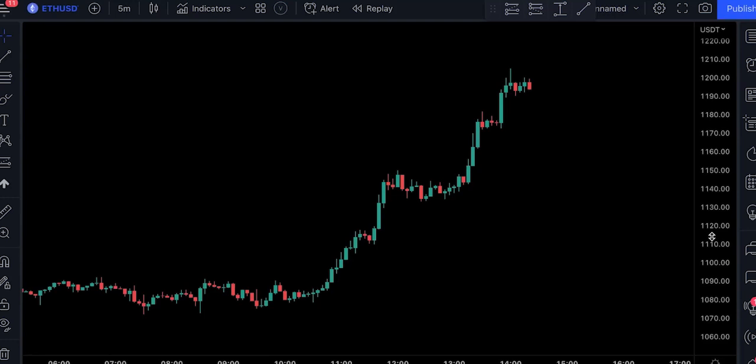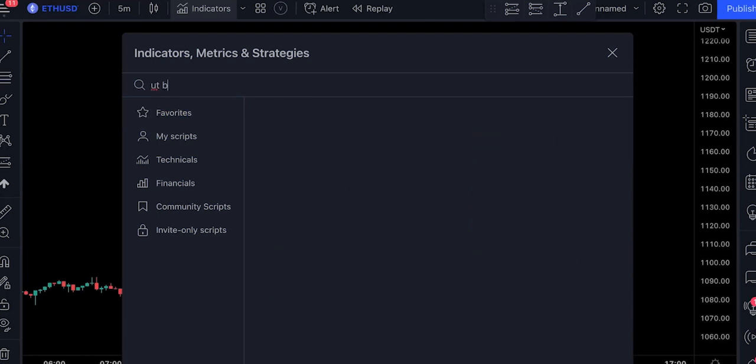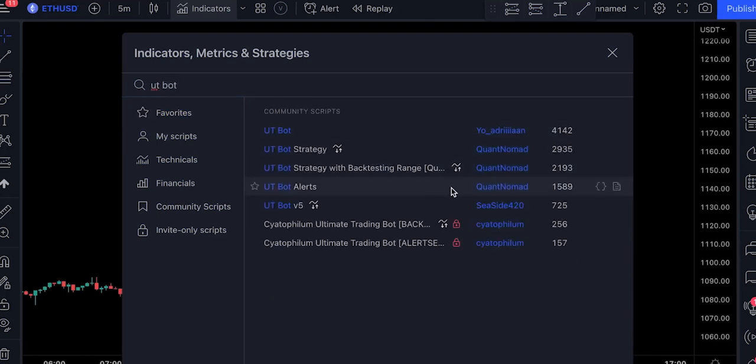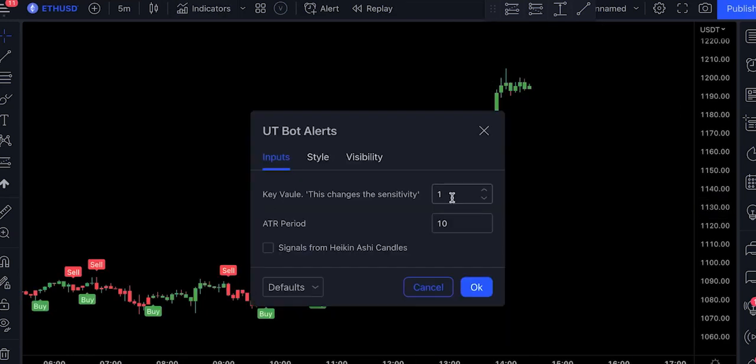Okay, this strategy consists of 2 indicators, and now let's go and add them to our chart. For the first indicator, let's add the UT bot alerts. This indicator right here. Obviously, we need to change its settings. So let's set the key value at 2 and the ATR period at 6.